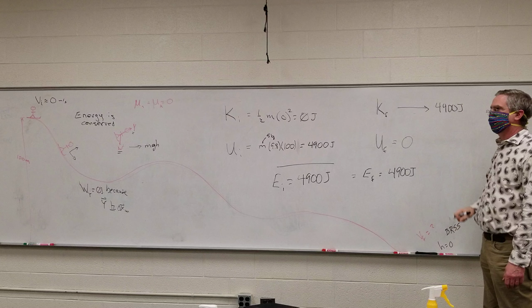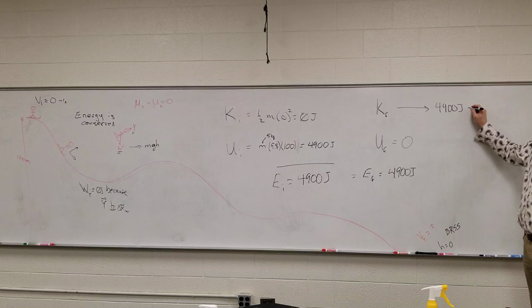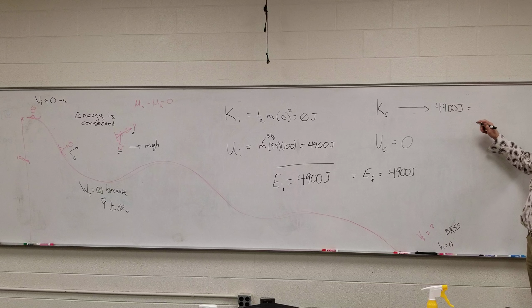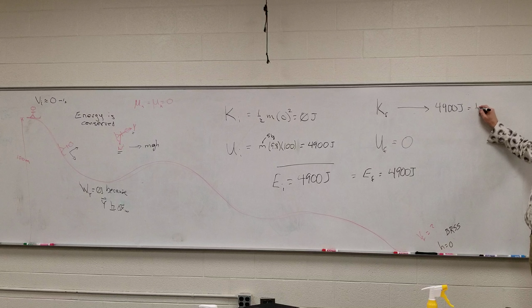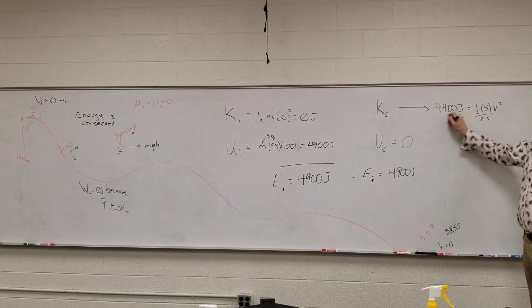I don't like this one. So something else is going to be happening. We'll throw a spring into it in just a moment. All right, so 4,900 joules here is going to be equal to 1/2 times 5 times v squared. Divide by 2.5, divide by 2.5.